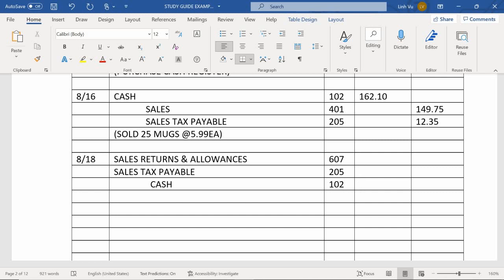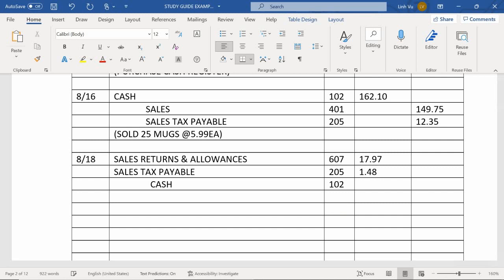So now let's see. If we sold for 5.99 and it was 3, 5.99 times 3 is 17.97. Now from this we have to calculate the taxes, which is $1.48.